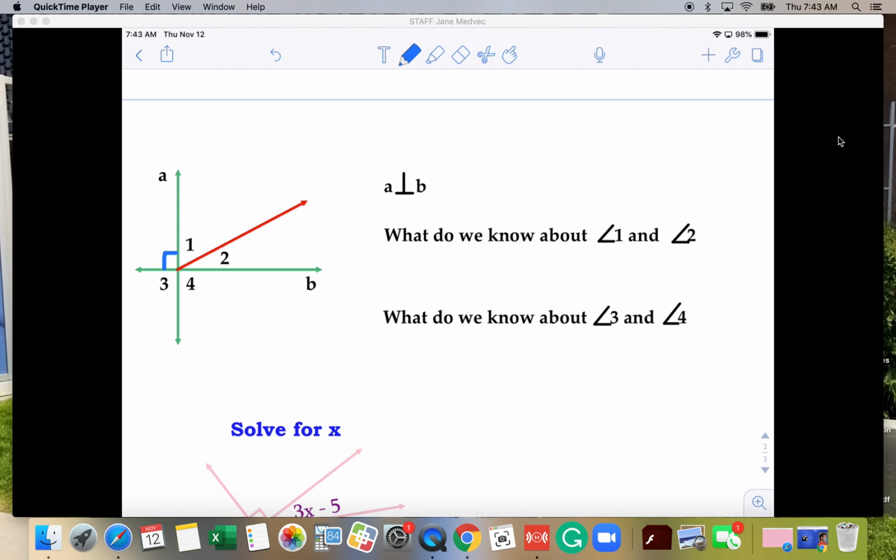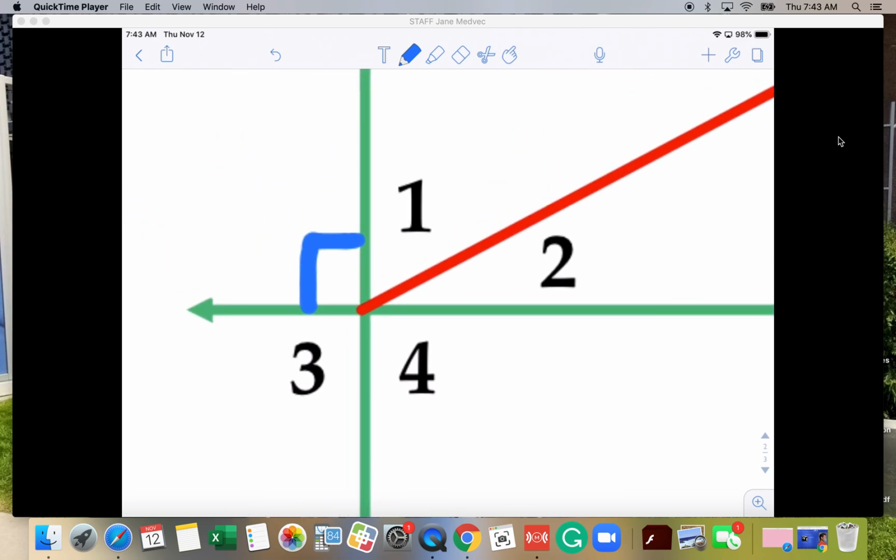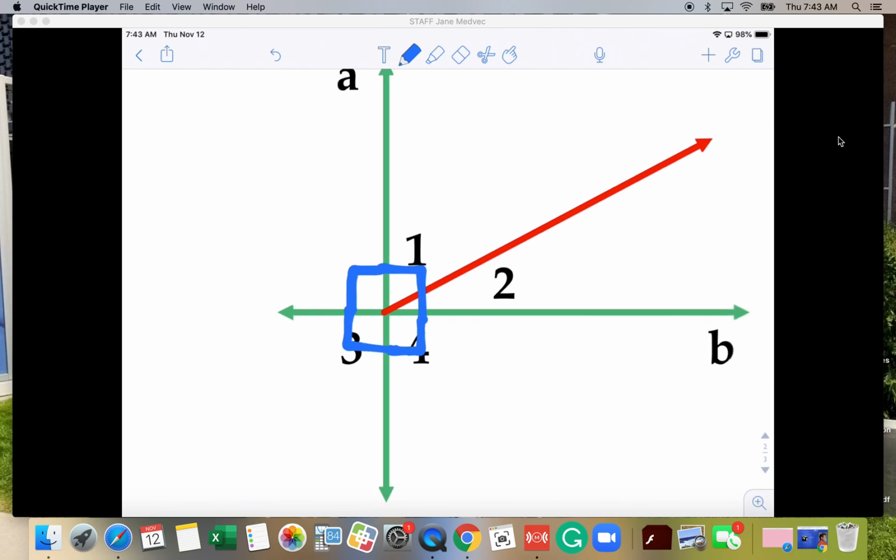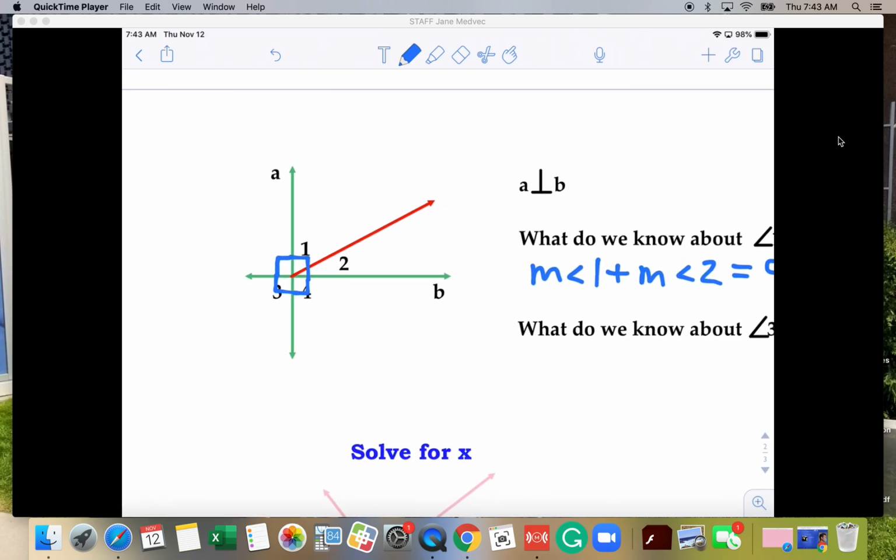Well, if I take the measure of angle 1 and add the measure of angle 2, that's going to give me 90 degrees. So that little symbol, knowing that these are perpendicular, tells us a lot about the relationship between some of our angles.